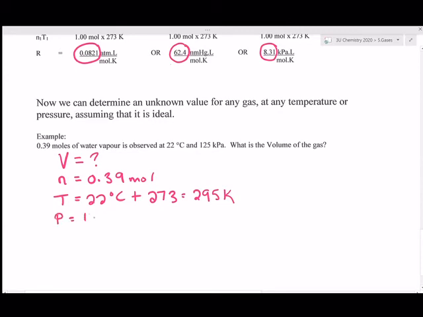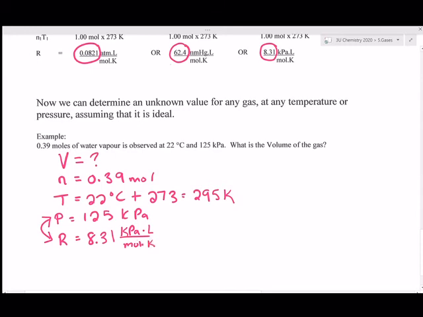Pressure is 125 kilopascals. So then right away we want to figure out, well, what gas constant should we use? And we're in kilopascals. So if you go up here, we're going to use 8.31 kilopascal liters per mole Kelvin.